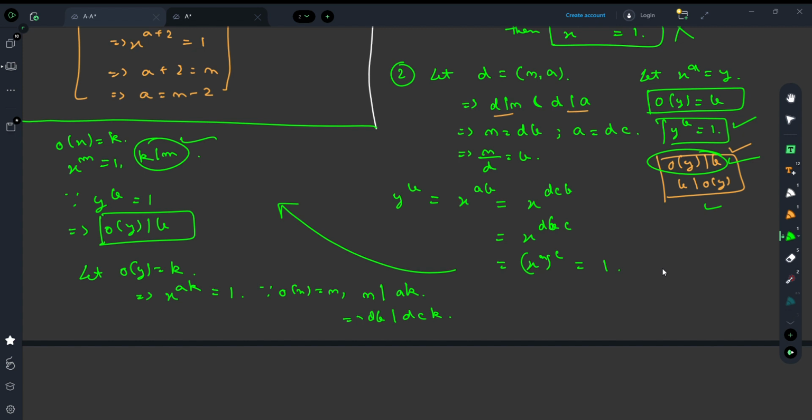Now one more thing I should already have stated here is that since d is the GCD of n and a, and n can be written as d times b and a can be written as d times c, b and c are co-prime.